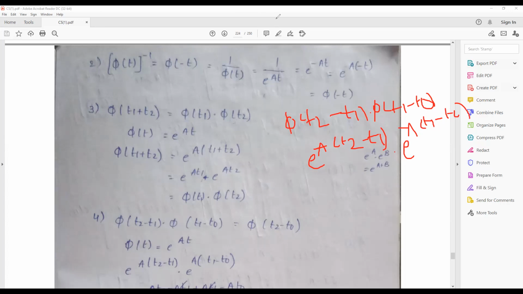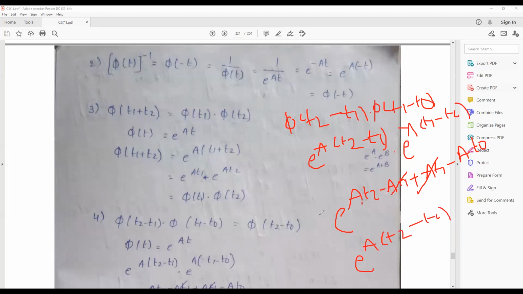We saw the formula e power a plus b, so e power of A into t2 minus A into t1 plus A into t1 minus A into t0. At1 plus At1 is cancelled, leaving e power of A into t2 minus t0.